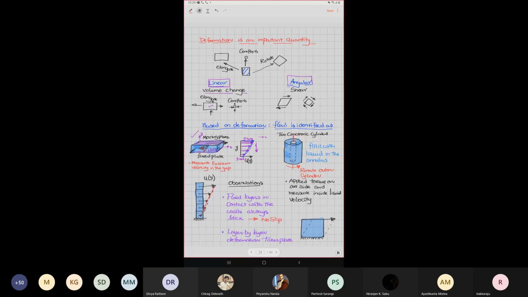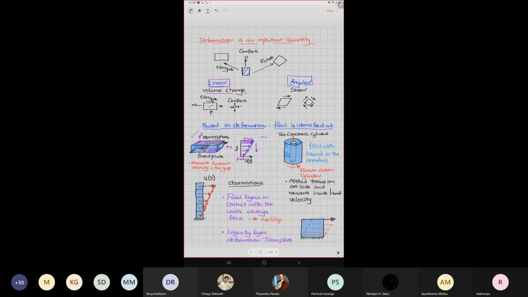So for that purpose, what they tried to do is measure the velocity profile across the layers, from one layer to the other, how that layer is moving, what the velocity is. Maybe you pick a stack, and these things get displaced from one location to another location. That is the way you measure this velocity.